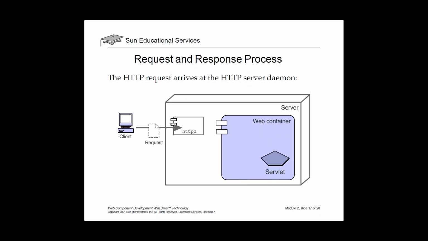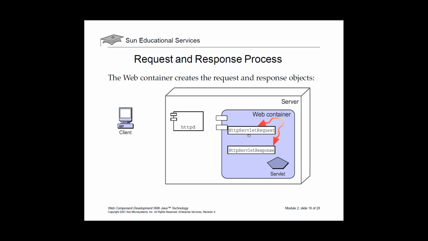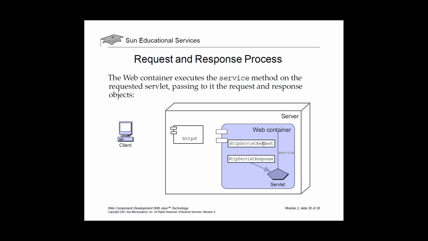I repeat it again. When the client request hits, it creates two objects. One is HTTP servlet request and the other one is HTTP servlet response. These two objects are created by the container. After it has created these two objects, then it calls the service method.